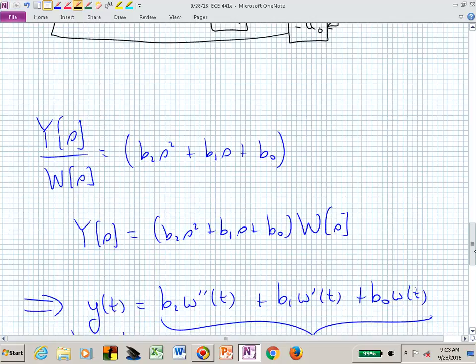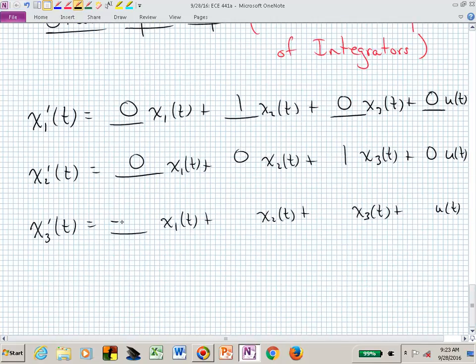So if we work from x1 to the right, we have minus a sub 0, minus a1. Maybe I shouldn't have had that plus sign in there. That's maybe confusing, but you could do something like this to keep track of those. And this is now minus a sub 2. And now the input comes through with just a gain of 1, because that was our numerator when we factored out that numerator.